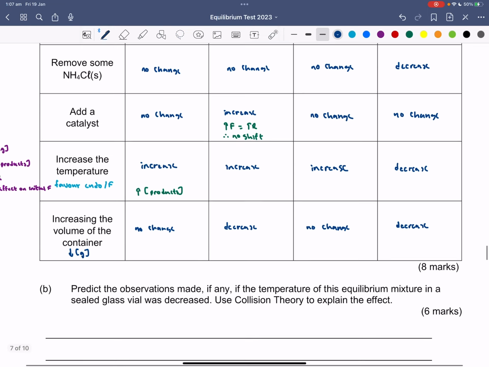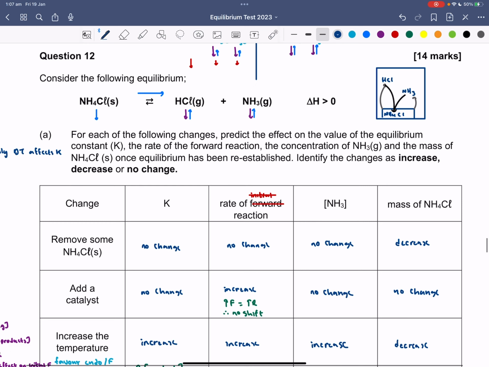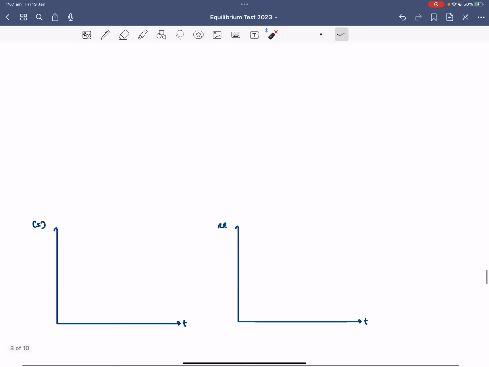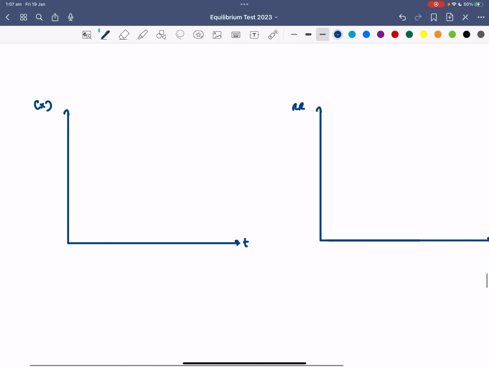Now, what did we have? We had HCl and NH3. Since each NH4Cl breaks up into one HCl and one NH3, it means they have equal concentrations. So I'm just going to draw one single arrow for both the concentration of HCl, aka the concentration of NH3. Now remember what happened.